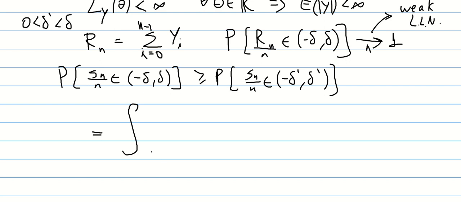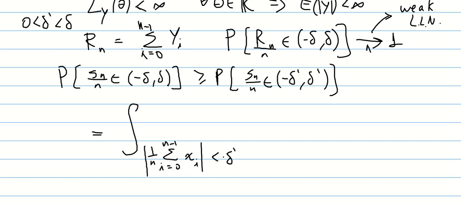So we are integrating over all little xi's. So we have variables little xi, such that if we sum this for i equals 0 to n minus 1 and divide by n, this is smaller than delta prime.